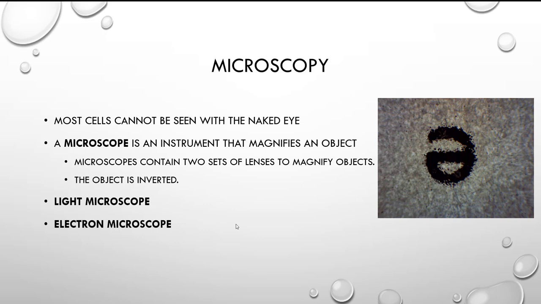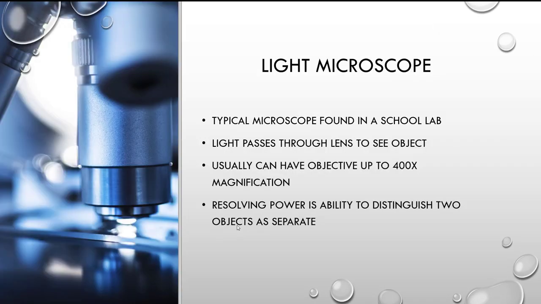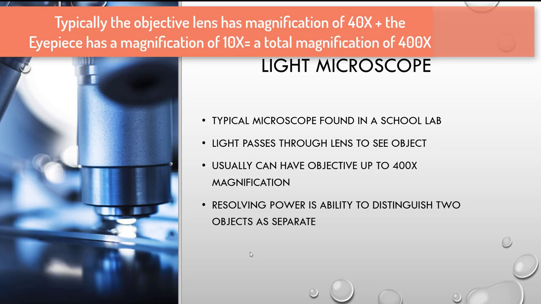So we'll start with the light microscope. So the light microscope, again, is the typical one that you would have at school. So in this case, we're using light that passes through a lens so that we can see the object. Now these microscopes, they usually can have an objective up to 400 times magnification.